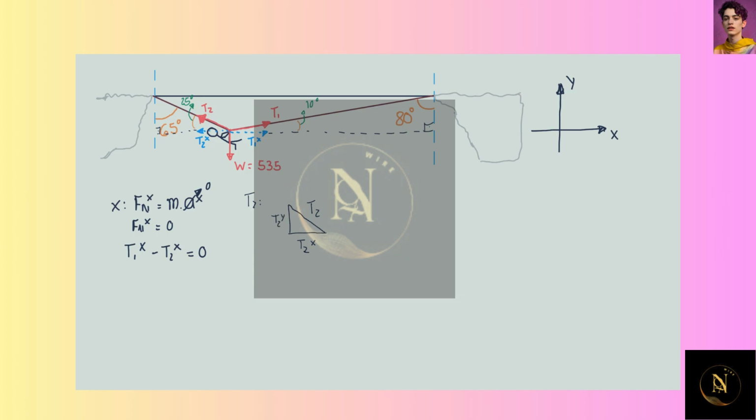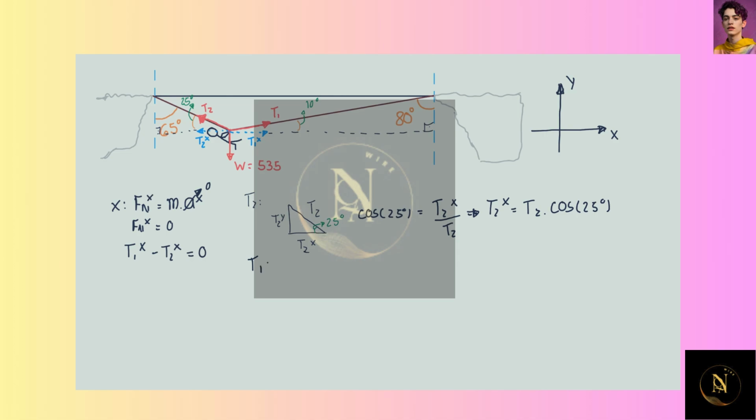And we know that the angle between T2 and T2x is 25 degrees. Then, by using the cosine of 25, we can calculate the following. The cosine of 25 degrees is equal to the adjacent side T2x divided by the hypotenuse T2. Then, T2x is equal to T2 times the cosine of 25 degrees.